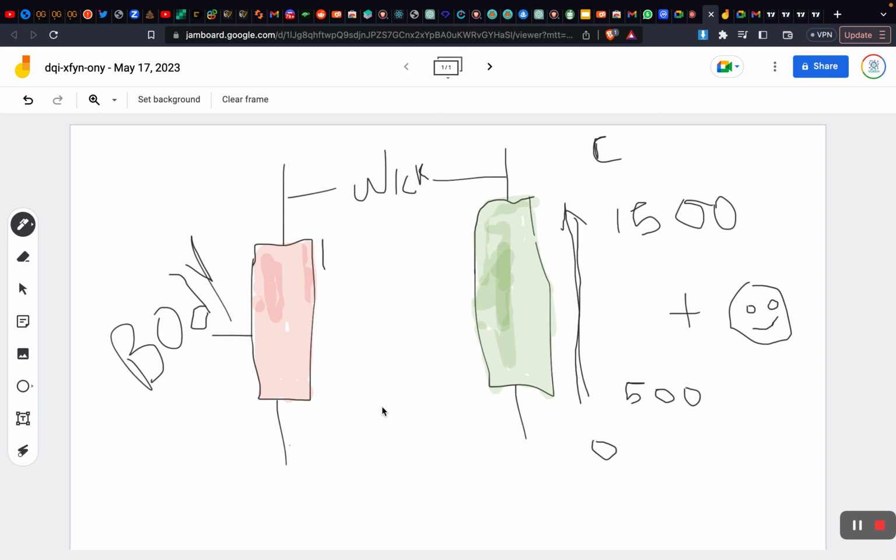So, in the case of the red candlestick, here is the inverse. The top becomes open, the bottom becomes close, right?